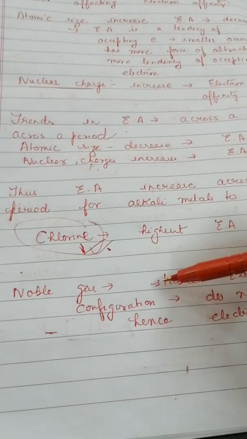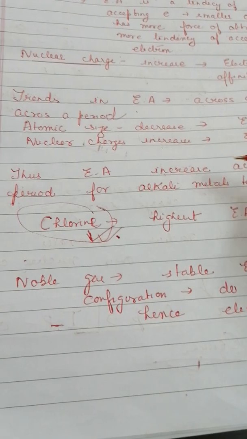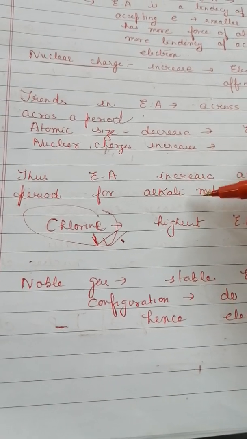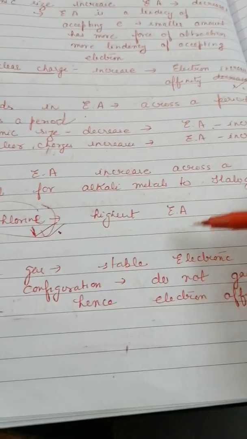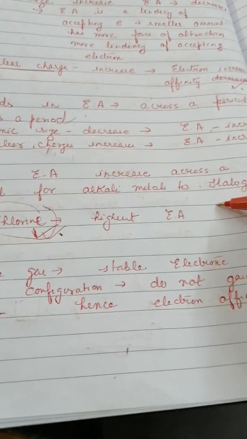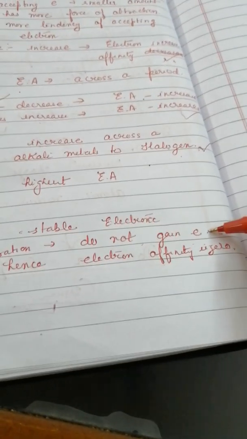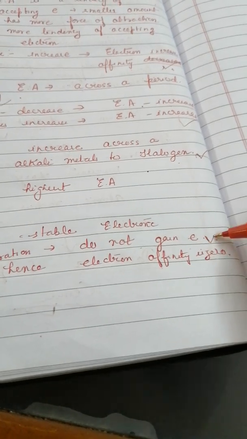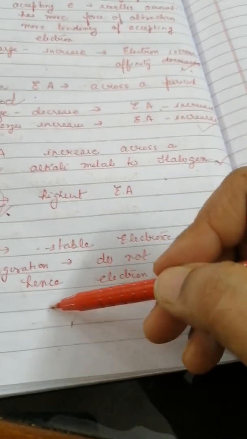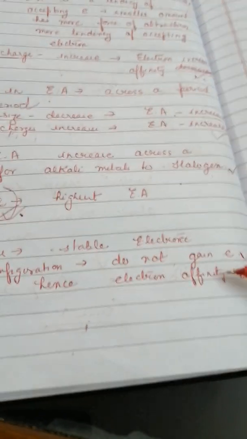Now about the noble gases. Like I said, the alkali metals have the lowest electron affinity, while the halogens have the highest. So what happens to the noble gases? Noble gases have a stable electronic configuration. They do not gain any electrons, so they do not have any tendency of gaining electrons. What is electron affinity actually?